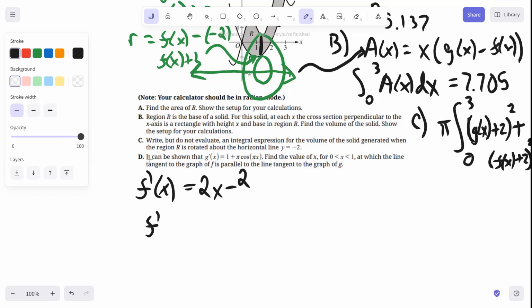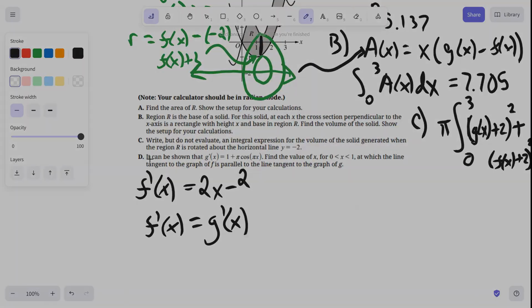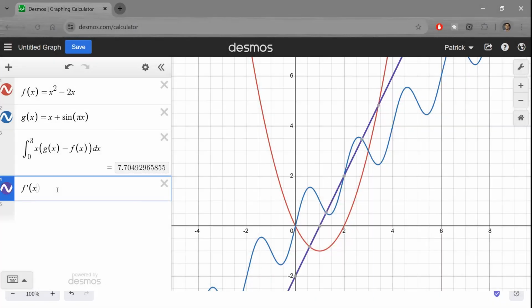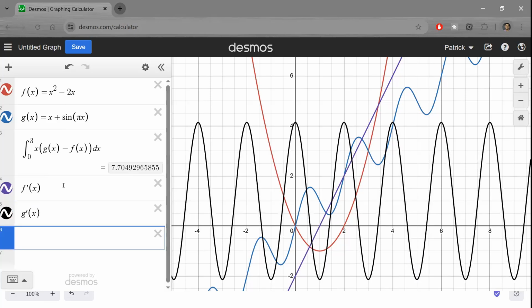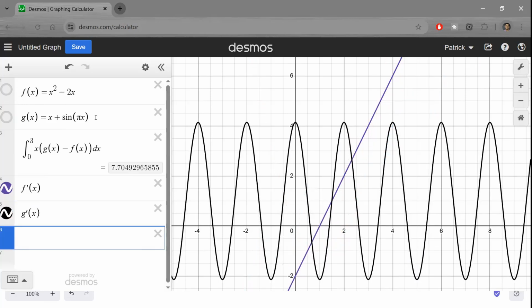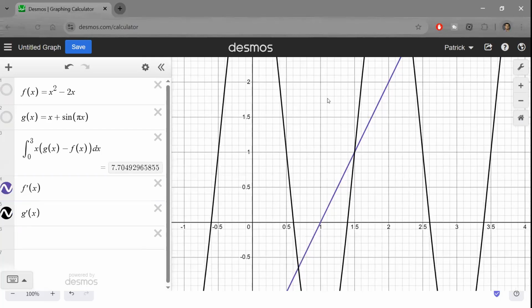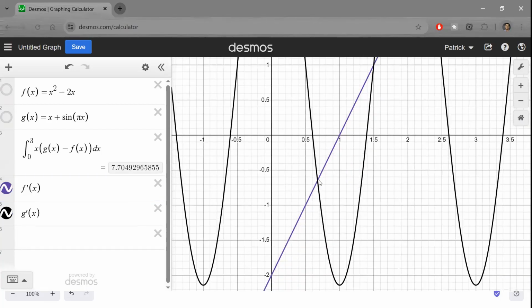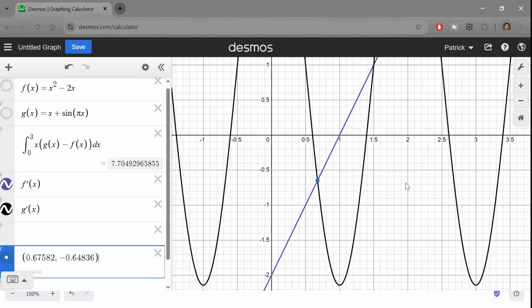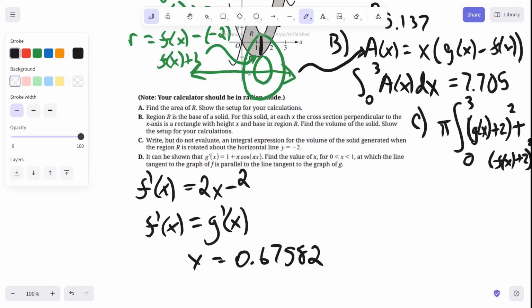And then we're going to set f prime of x equal to g prime of x. If we just type f prime of x and g prime of x, we would have both functions there. I'm going to turn off f and g. And then remember, we wanted it on the interval between 0 and 1, which is right here. So 0.67582 is the answer that we would report. You would only need to go to 3 decimal places, but I like to go to more sometimes.